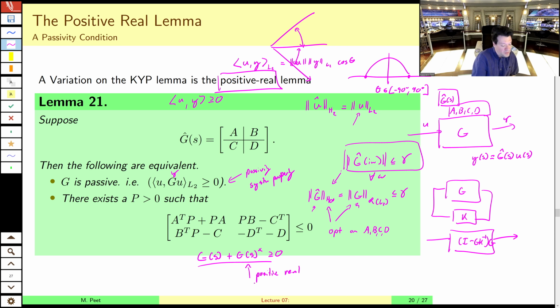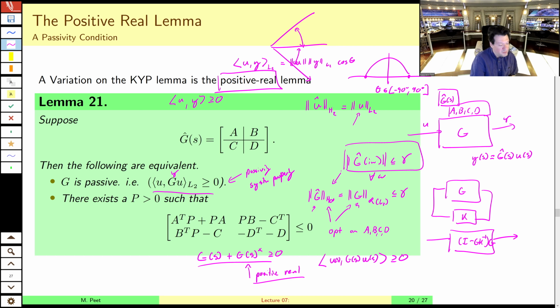So if the transfer function is positive real, it turns out that because the inner product in L2 is equivalent to the inner product in H2, the positive realness, the positivity of this transfer function, this inner product of U of S and G of S, U of S, where this is the Laplace transform of the input-output, if G of S is positive real, then of course this is going to be positive as well.